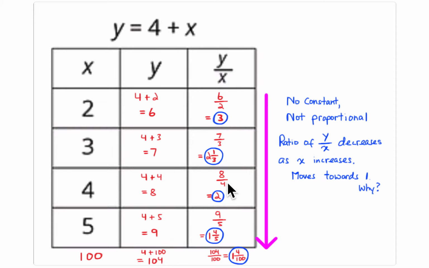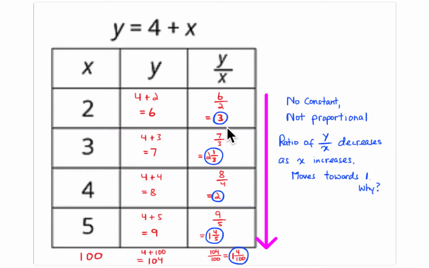And then these ratios. So 6 divided by 2 is 3. 7/3 is the same as 2 1/3. So you might go through why that is. 8/4 is 2. 9/5 is 1 4/5. And 104/100 is 1 4/100.